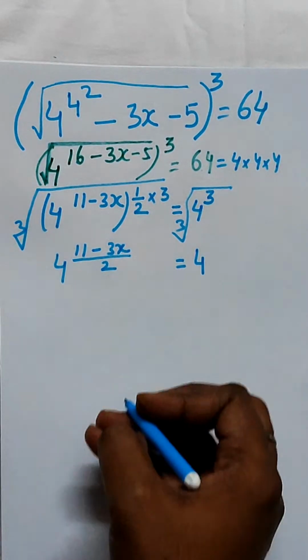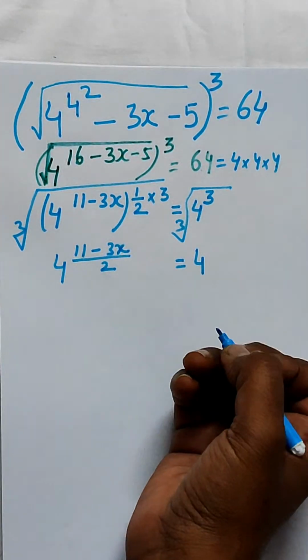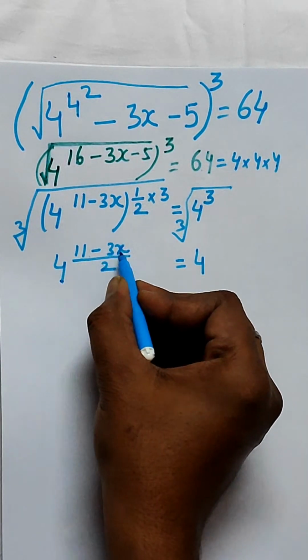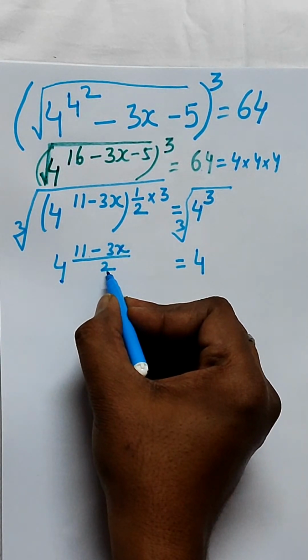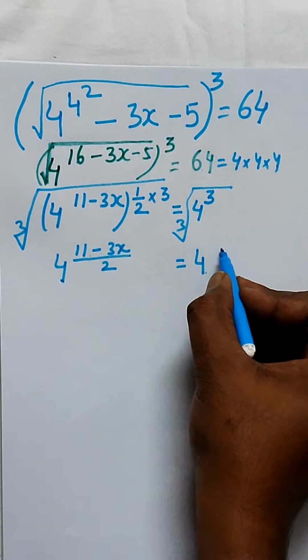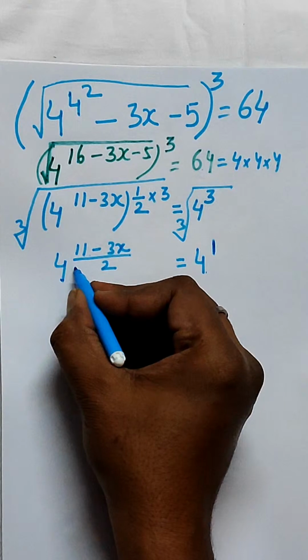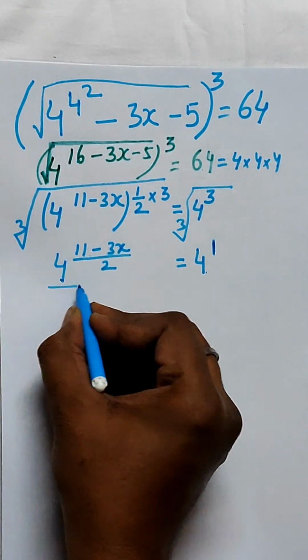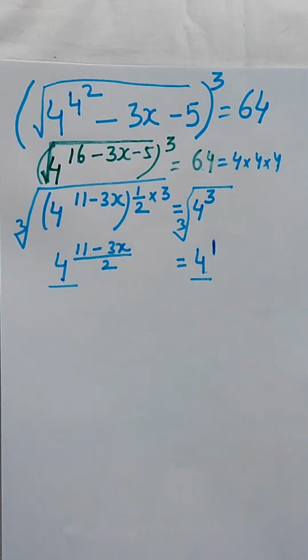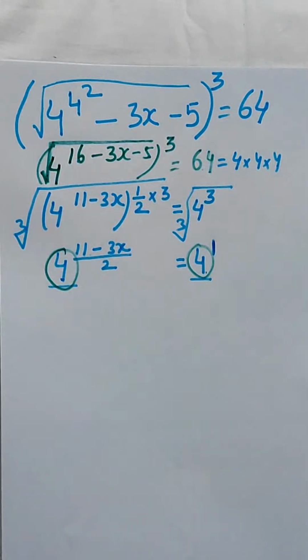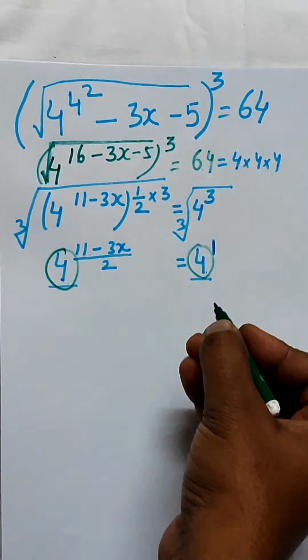Right. Now, what will you do? You can see 4 to the power (11 minus 3x) by 2. And here 4 to the power, if nothing is mentioned, it's 1. So just equate the exponents because the bases are same. If the bases are same, we can equate the exponents.